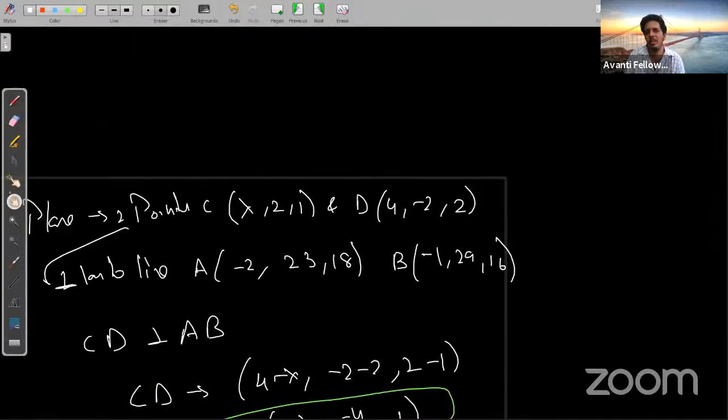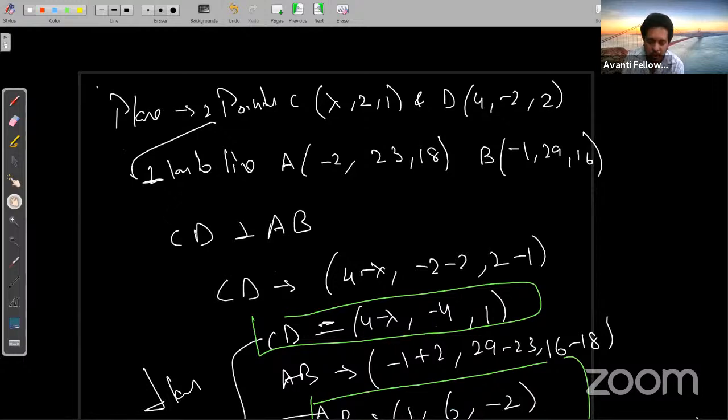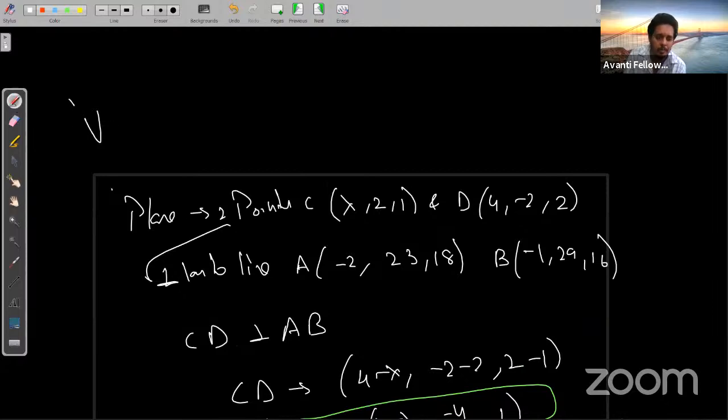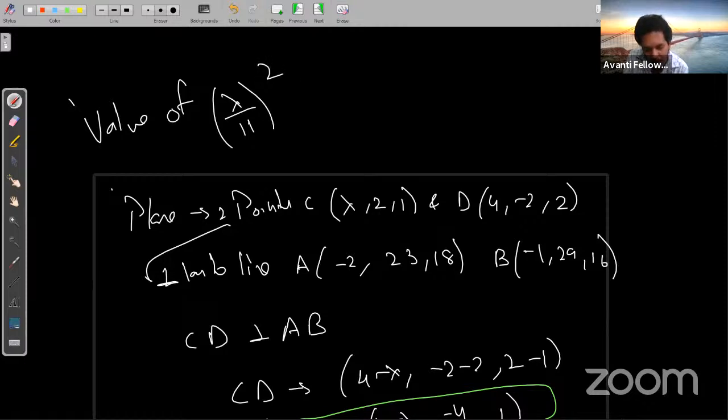And what is being asked in the question? The question is asking for the value of lambda by 11 whole square minus 4 lambda by 11 minus 4.